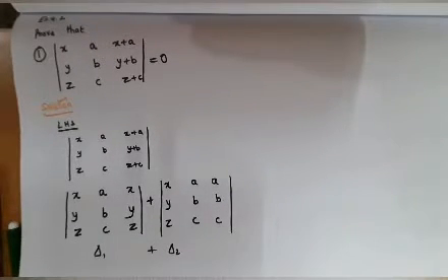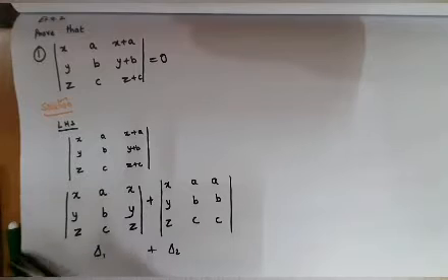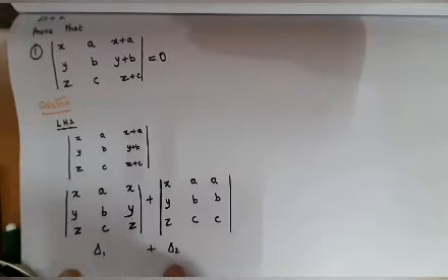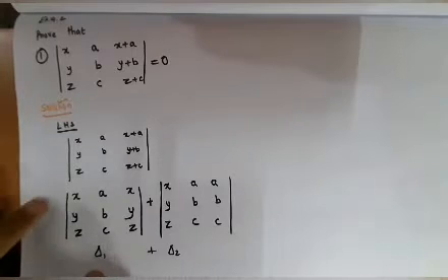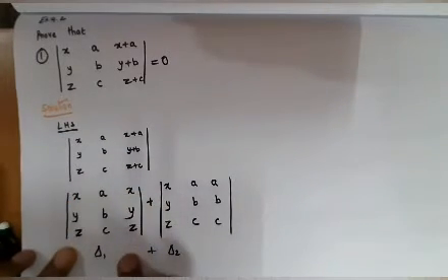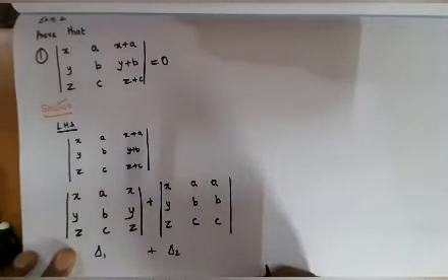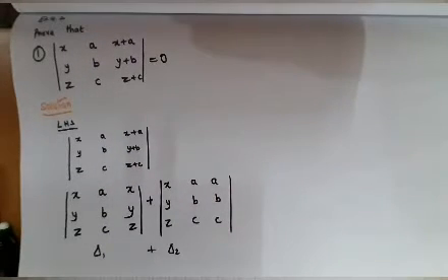Now in del 1, column 1 and column 3 are equal, that means identical, the same.